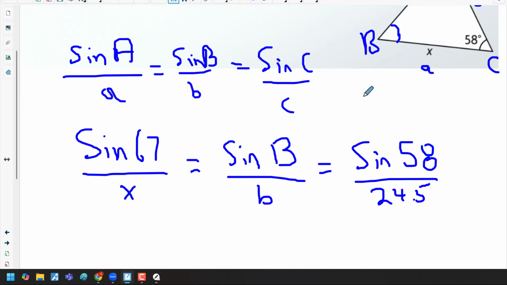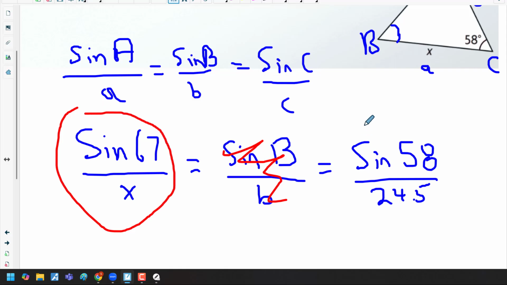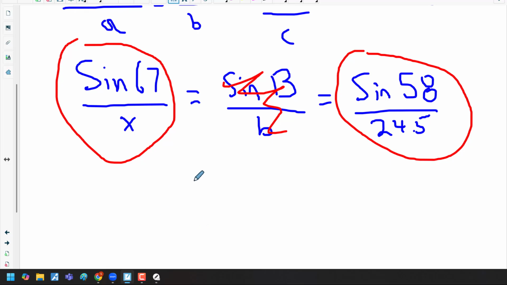Now, you have to choose two of these fractions and make them equal to each other. And I'll give you a hint. It's not this one, because we don't have any numbers in this fraction. We don't know the top, we don't know the bottom. So it doesn't make sense for it to be this one. So the two that we're going to use are this first fraction here and this second fraction here. And we're going to make them equal to each other.